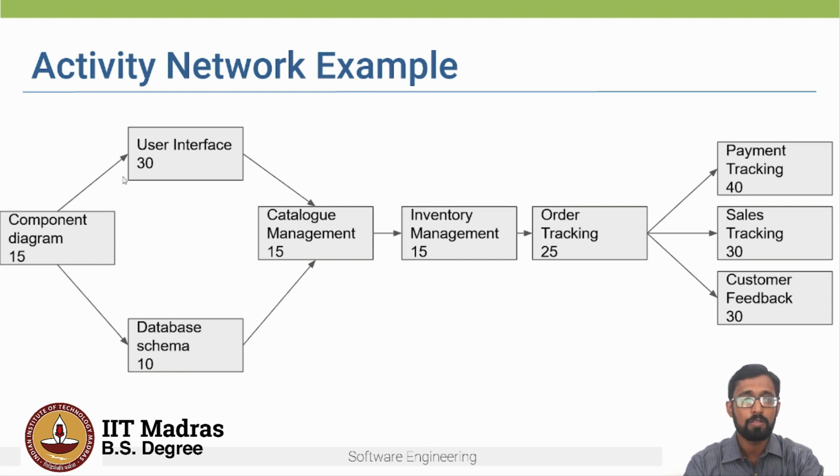And it also tells us how many days are required for each task. Here you can see that catalog management has to be completed before inventory management can start, and order tracking can start only after inventory management is completed. But then we see that payment tracking, sales tracking, and customer feedback can happen in parallel. So this is one example of an activity network.